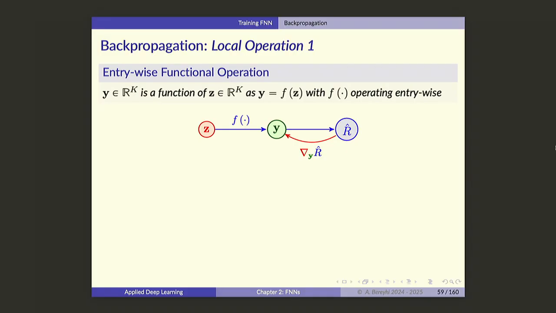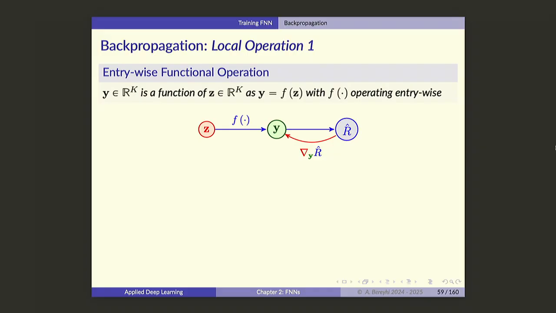Then what would this be? f prime, exactly, computed at the same point z. So I can write it down as f dot. Now, if every single entry is computed with the same approach, how can I write the gradient of y with respect to z? Can you give me a suggestion? A vector, exactly. So I can write down a vector.